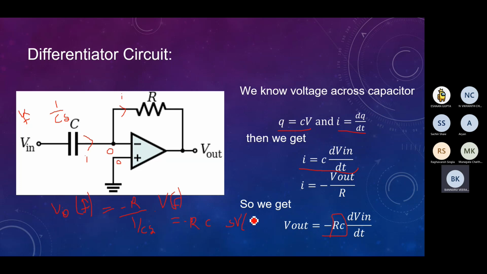If we convert this again into the time domain, the Laplace transform of dV by dt is nothing but S times V of t. So when we convert this into the time domain, that is actually what we get: minus RC into dV by dt.